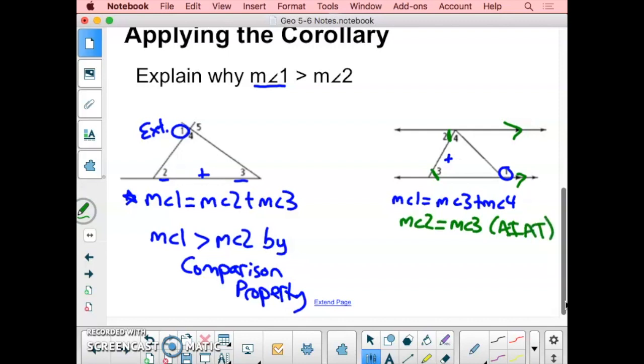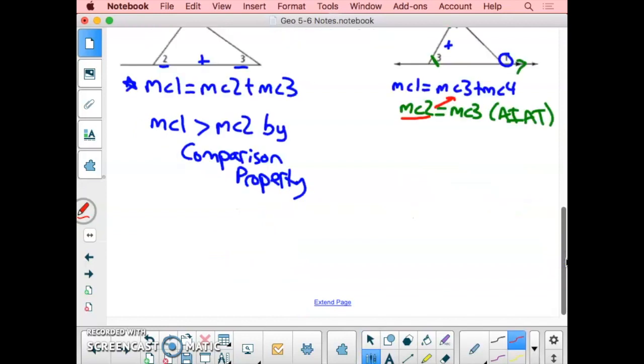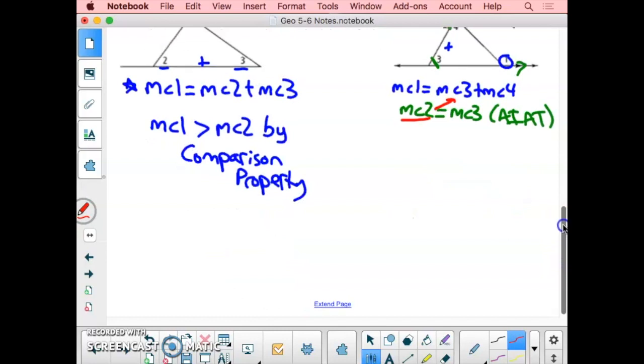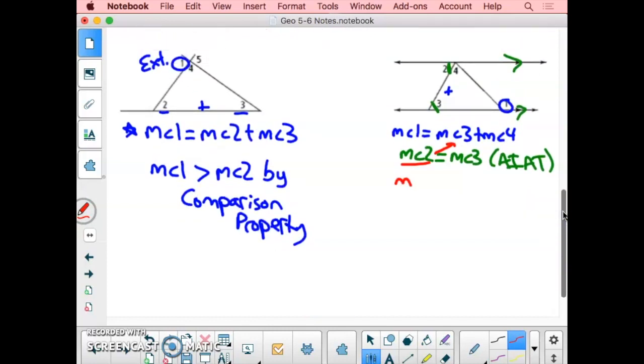If I have 2 and 3 equal to each other, I can swap 2 in for 3 whenever I want, which means I can say that angle 1 is equal to angle 2 plus angle 4. What I'm trying to do for the comparison property is get angle 1 equal to 2 plus something else. And that's what I have here. This means angle 1 is bigger than angle 2 by comparison.